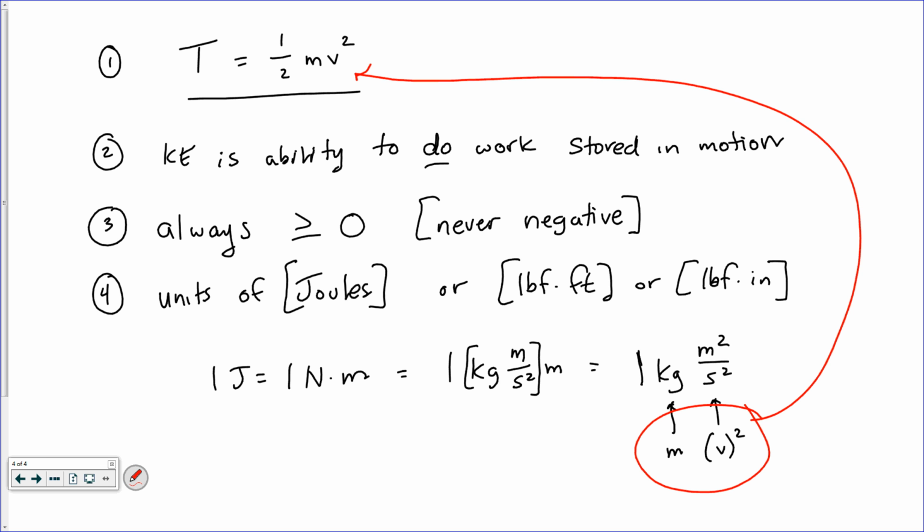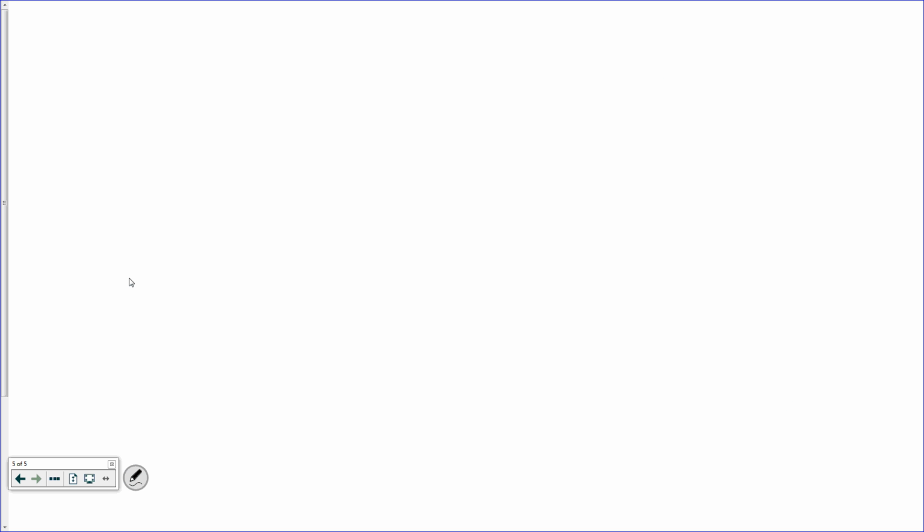Now here's the thing that separates work and energy. I said they're very similar to one another, but they are fundamentally different. Work is defined as, in a very general way, force times distance. Now, it's not just any force, okay? It's the component of the force in the direction that it's moving times the distance that it moves in.